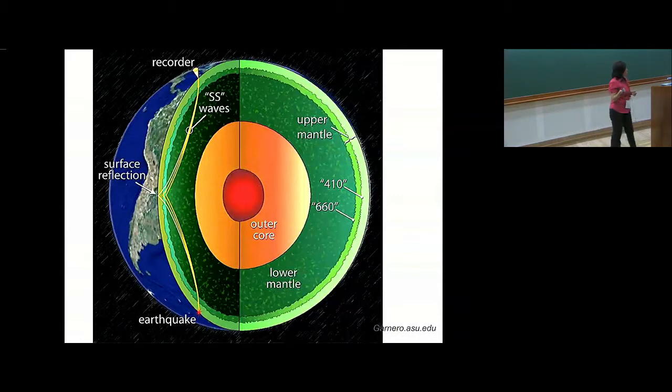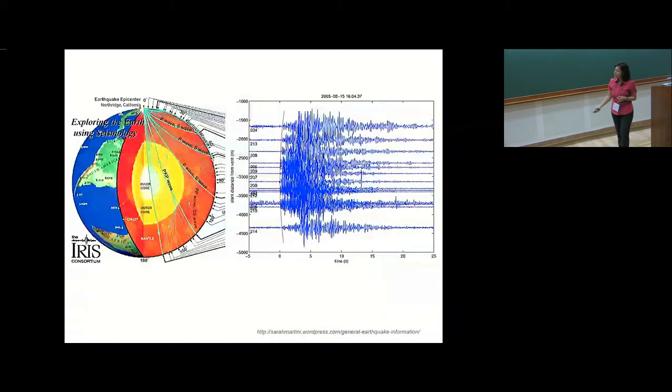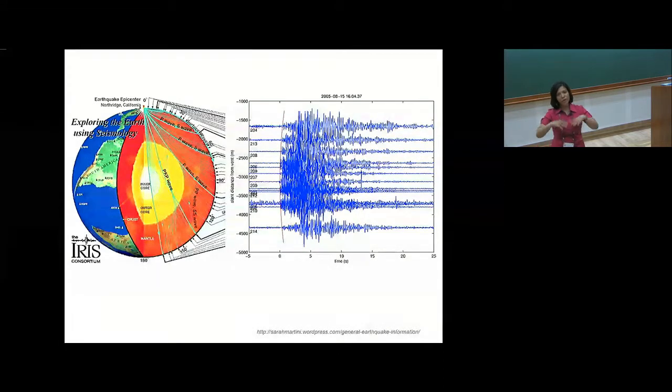And this is what a reading of a typical seismometer looks like. Here, on the x-axis we have time, and on the y-axis we have amplitude. This is what a typical seismometer would record. Basically, it is recording the ground shaking. Whenever you have an earthquake, the waves emanate, and as they reach the surface, they shake the ground.